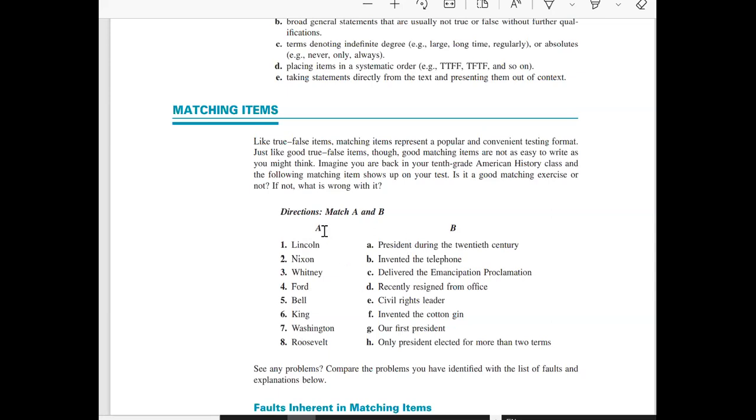So column A should have had "president during the 20th century, invented the telephone," all of that on the left-hand side. And on the right-hand side, it should have had the concepts or the labels or the main names you're defining, like if it's a definition.